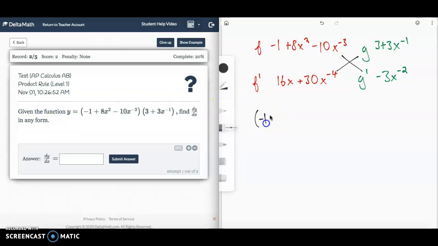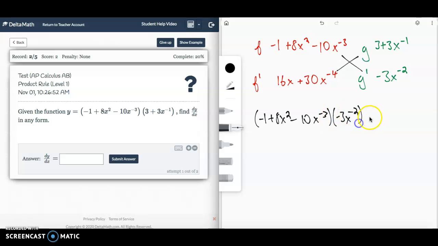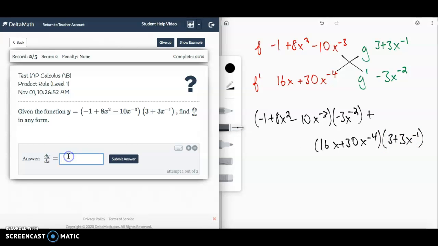So this will be -1 plus 8x squared minus 10x to the negative 3, and then negative 3x to the negative 2, plus, looks like 16x plus 30x to the negative 4th times 3 plus 3x to the negative first power. So I'm going to go ahead and type that all in here, and hopefully it will accept it.